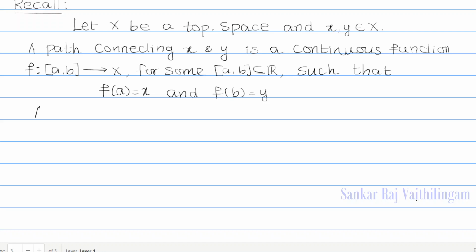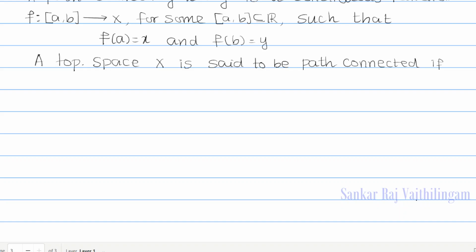A topological space X is said to be path connected if any two points x comma y belonging to capital X can be connected by a path.